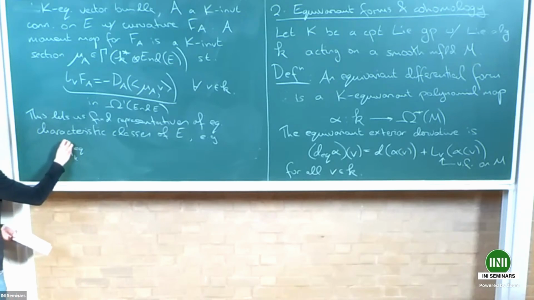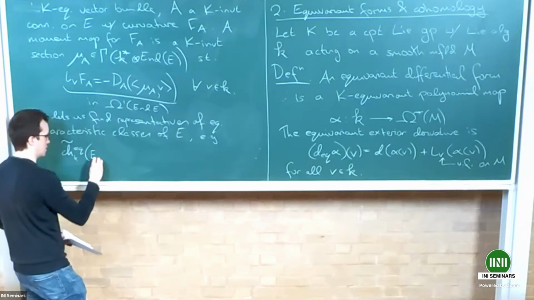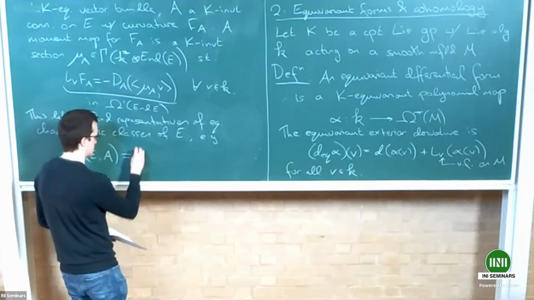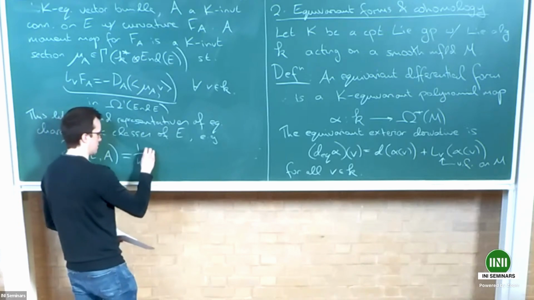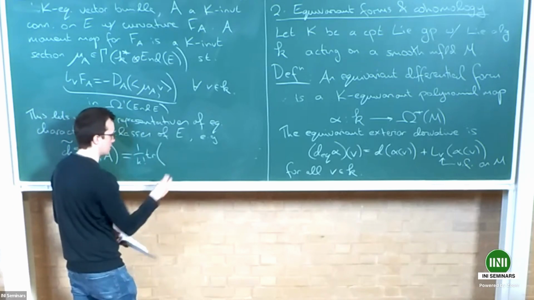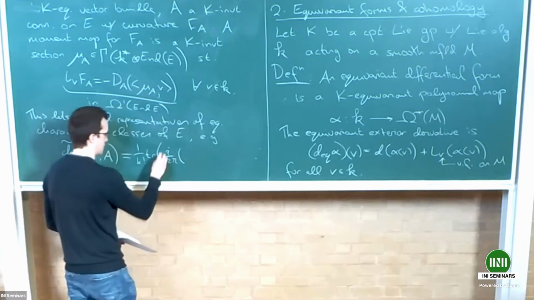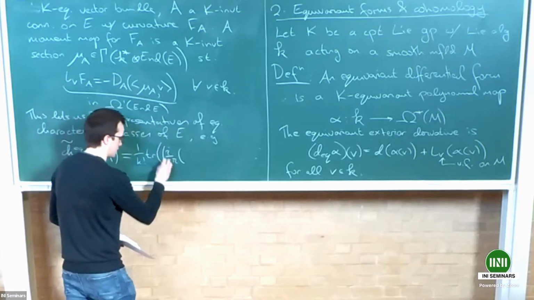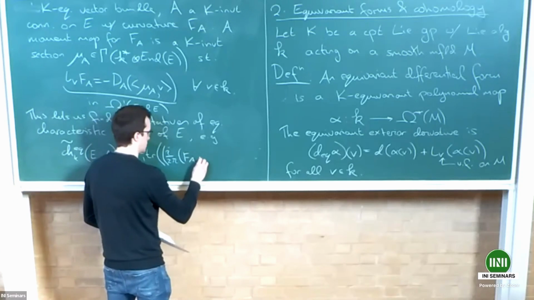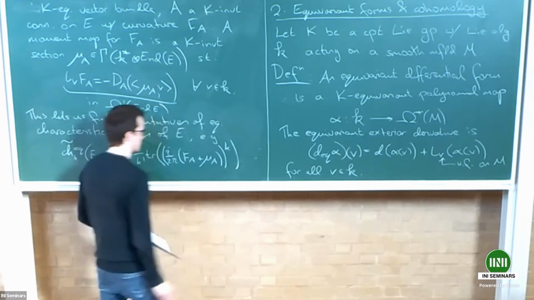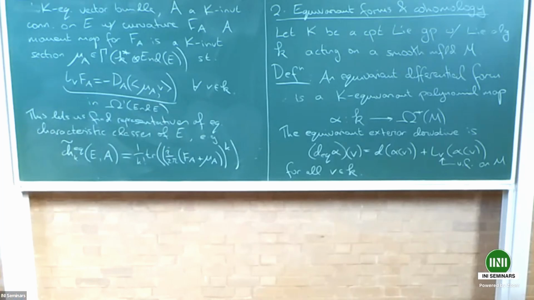Whenever I use a representative, I write this tilde notation to mean that I'm taking a representative. So this is 1 over k factorial, trace of (i over 2 pi, curvature A plus mu_A) all to the k.